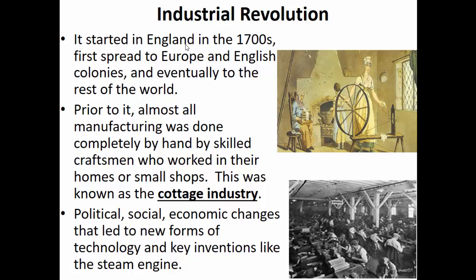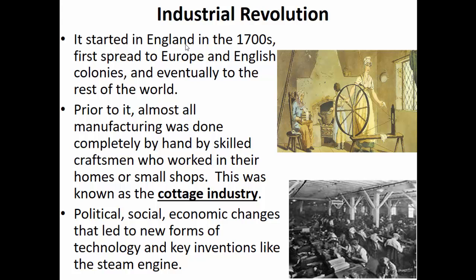So England to mainland or continental Europe, and then from there to the European colonies, especially the English colonies first, like the United States, or like the American colonies. And eventually to the rest of the world. Places like South Africa, Australia, which help to explain some of the reasons why they are more developed today than the rest of their region.